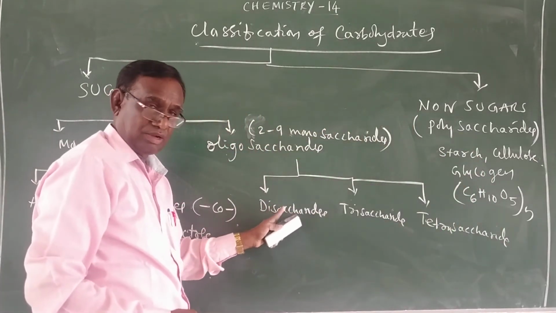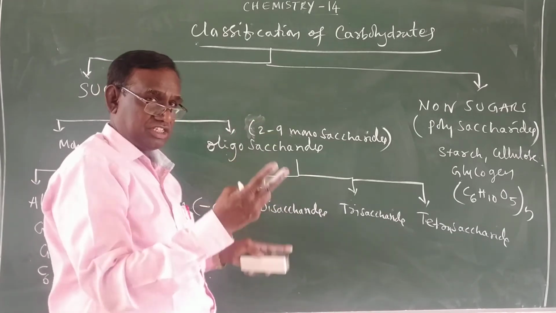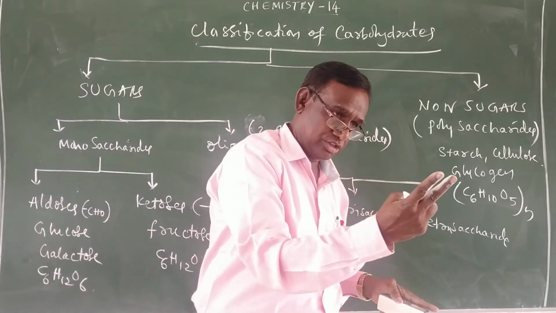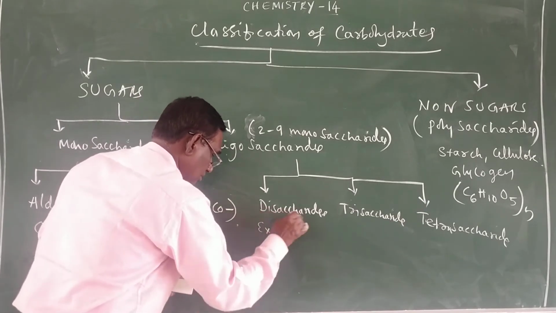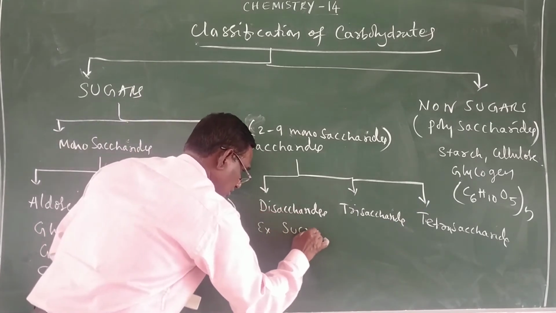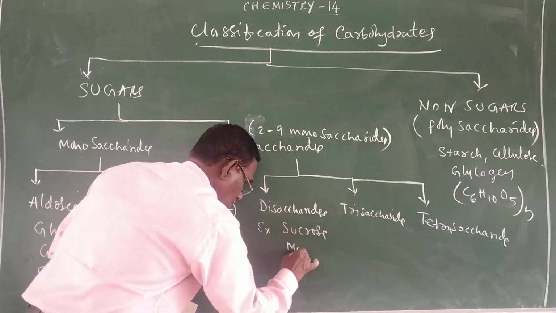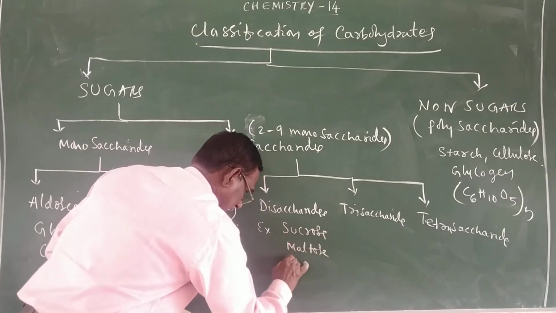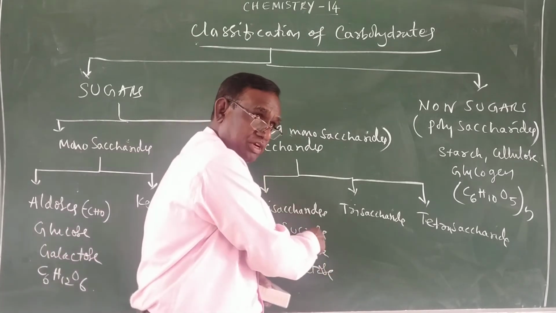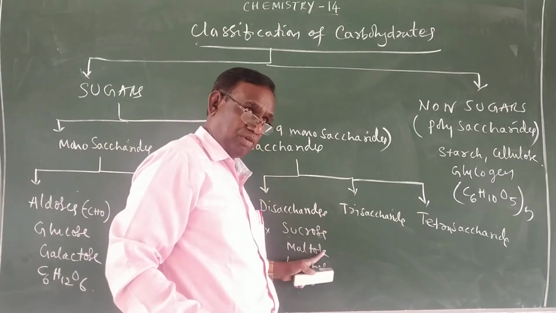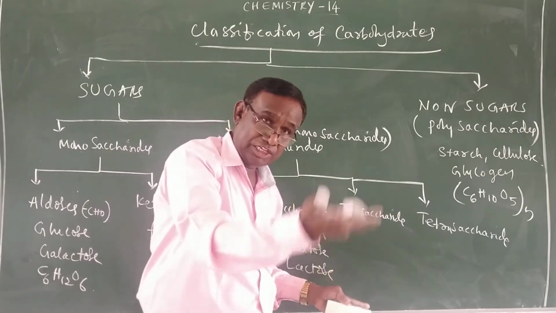Disaccharides are the carbohydrates which on hydrolysis give only how many monosaccharides? 2 monosaccharides. Examples are sucrose, maltose, and lactose. We know that sucrose is present in cane sugar, maltose is present in malt sugar, lactose is present in milk sugar.